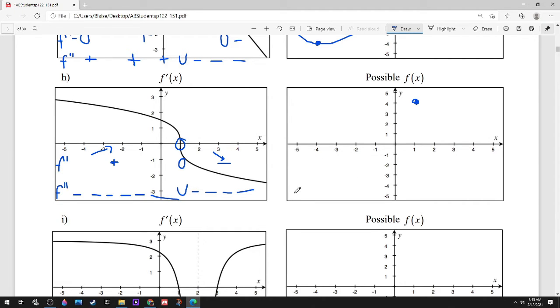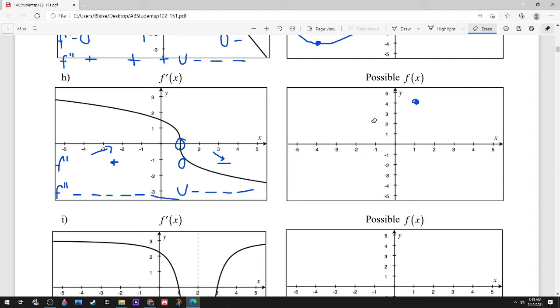But it says the slope is undefined. I might need to go to Stu for this one.